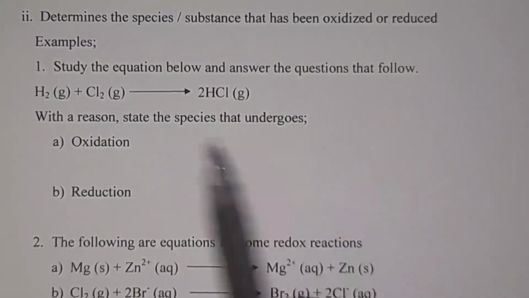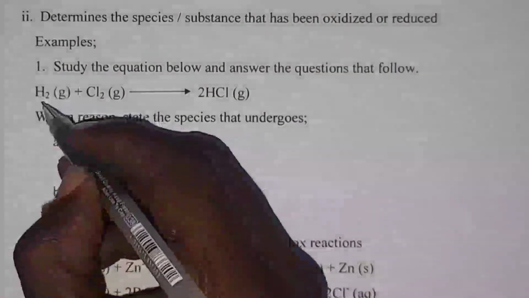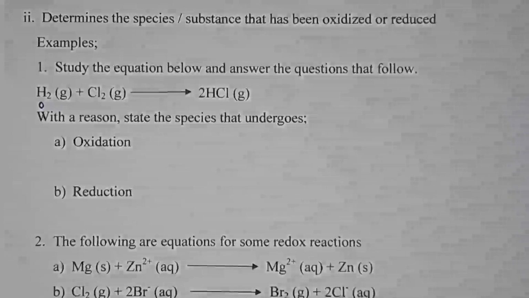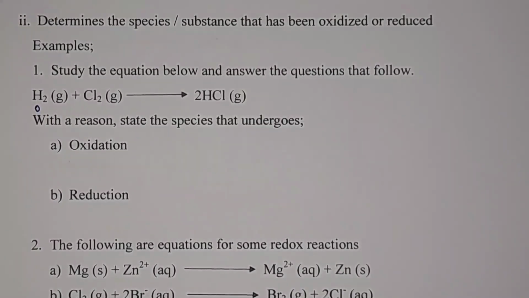Okay, let's check the oxidation number of hydrogen here. The oxidation number of hydrogen here is 0 because this is an uncombined element, or elements in molecular form. And we said in rule number 1, the oxidation number of all uncombined elements, e.g. molecules, or all the atoms, is 0.